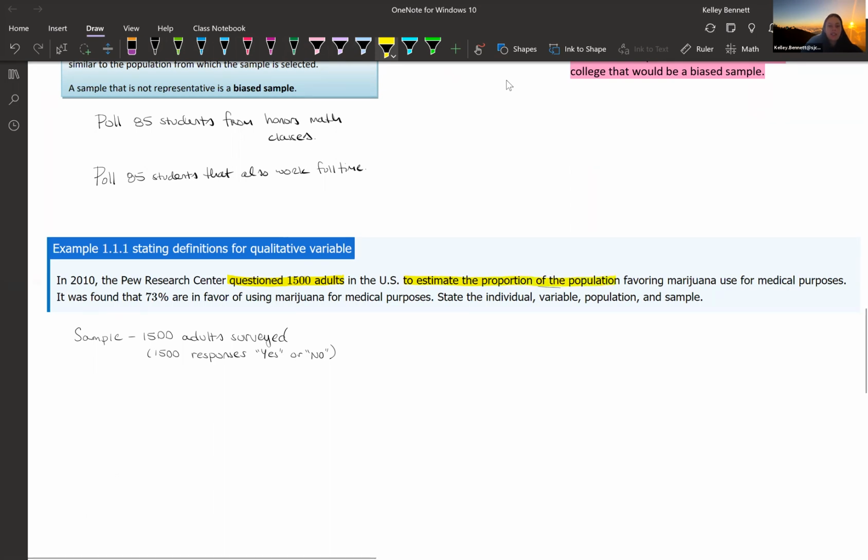So for us, our population is going to be all US adults.